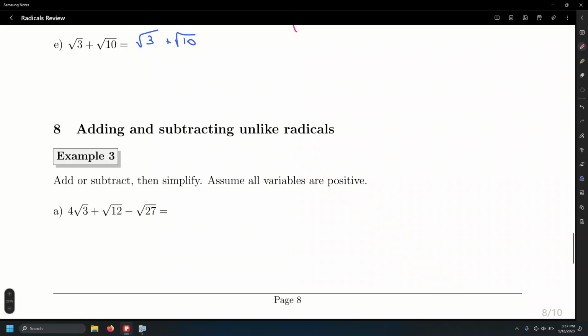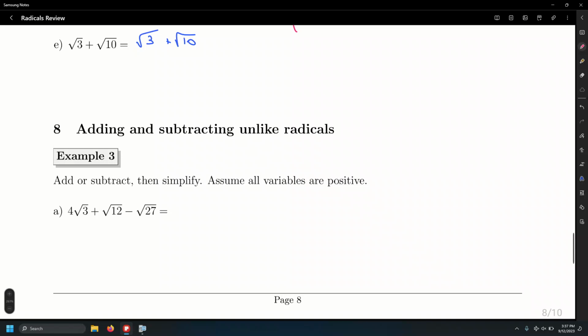So how about we repeat the process of simplifying the square root of 12 and the square root of 27 in a way that we break down those numbers so that one of them is a perfect square and the other one is not.